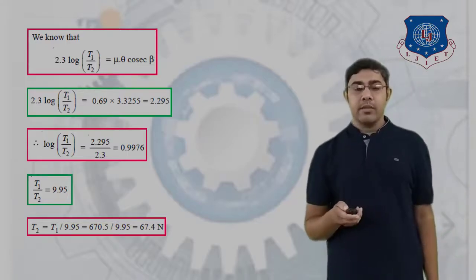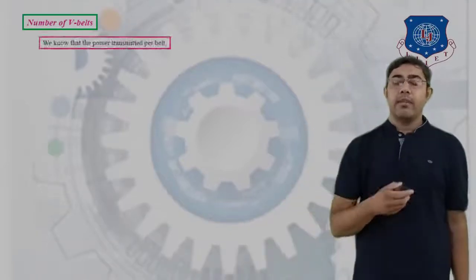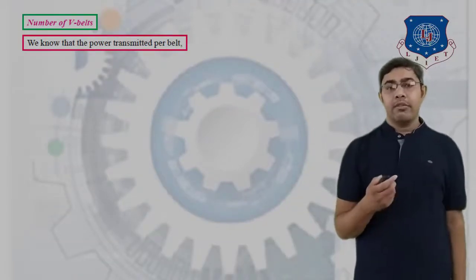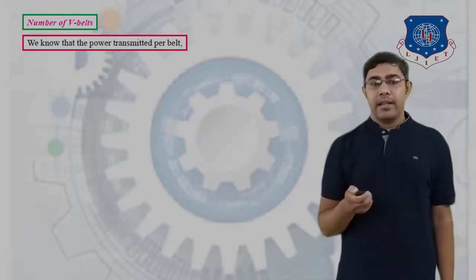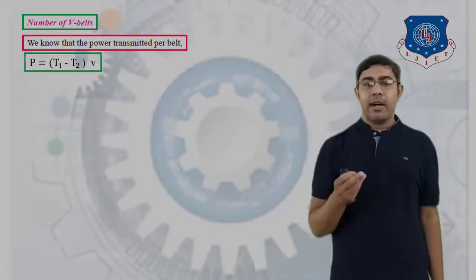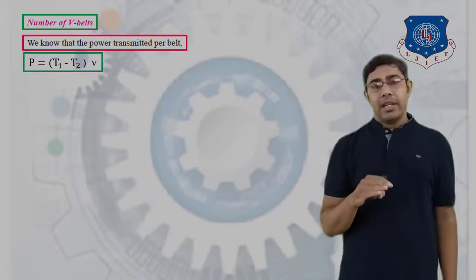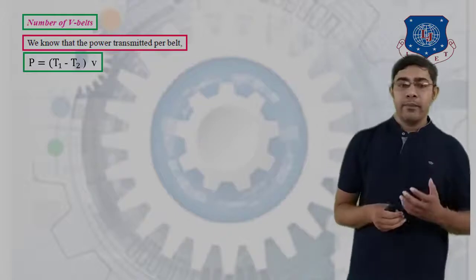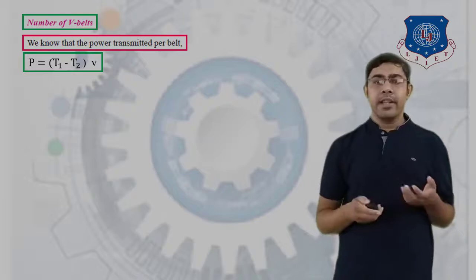So we can calculate the power transmitted by one belt. To calculate the number of V belts, we first calculate the power transmitted per belt. So we know the equation of power transmitted per belt, that is P is equal to T1 minus T2 into V. So here we calculated T1 and T2, and V is given in our problem.